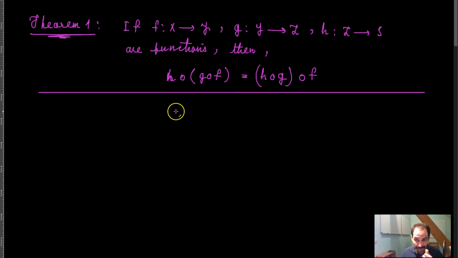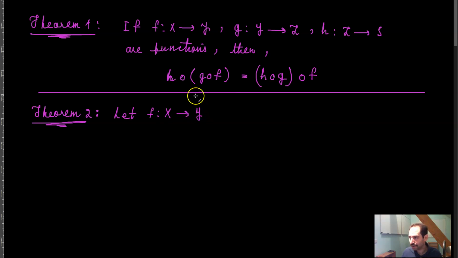Now, the example that we did in number 27 led us to theorem number 2, whose proof is based on theorem number 1. That's why I repeated this over here. So theorem number 2 is as follows. Let f be a function from x to y, and g be a function from y to z.